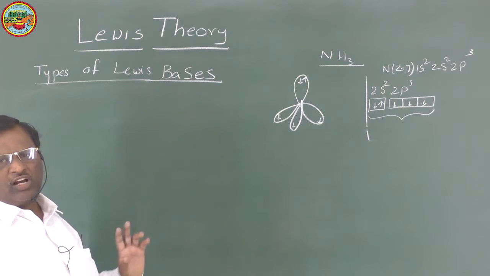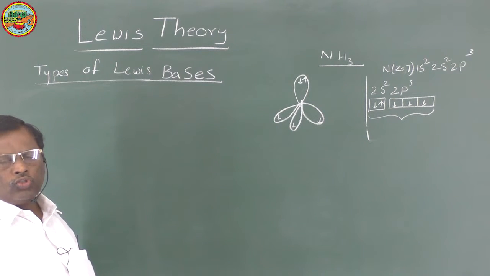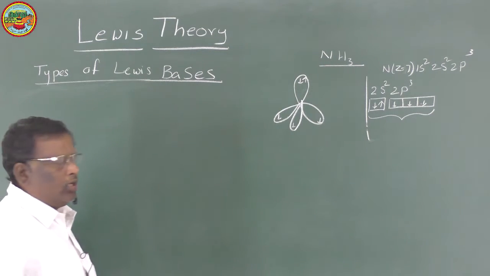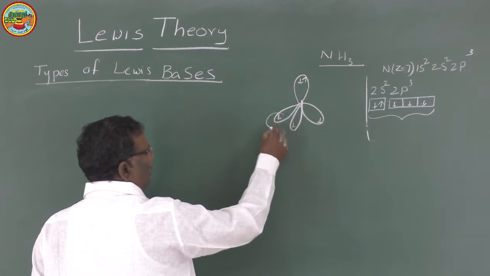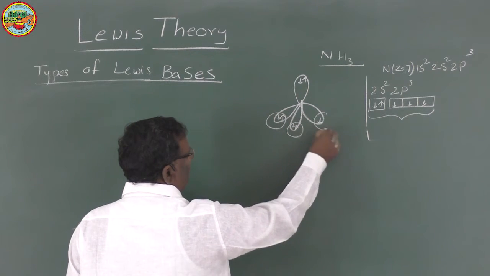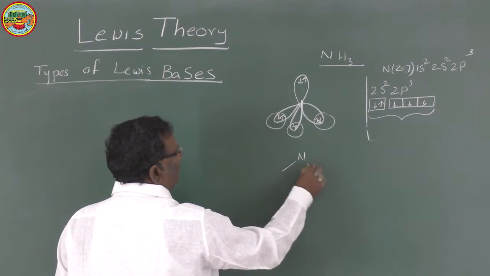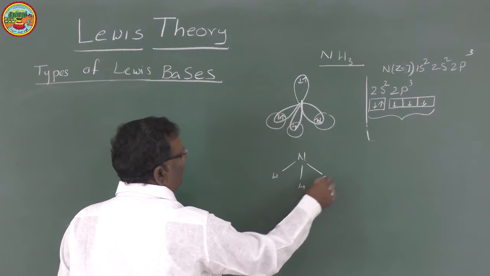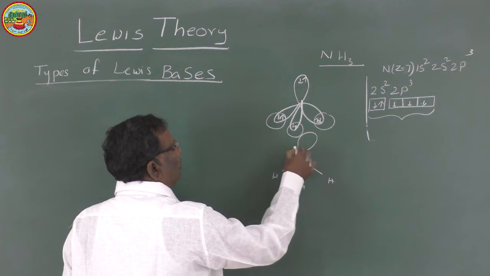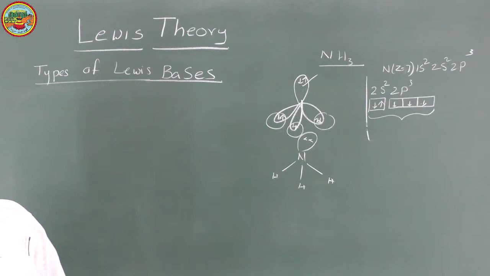In the formation of bonding, only half-filled hybrid orbitals are involved. So the half-filled sp3 hybrid orbital of nitrogen overlaps with the half-filled 1s orbital of hydrogen to form an N-H sigma bond. Such 3 sigma bonds are formed between nitrogen and hydrogen, and the molecule is pyramidal in shape like this. So in this molecule you will have one sp3 hybrid orbital with 2 electrons.